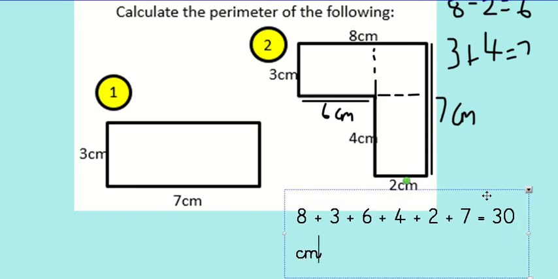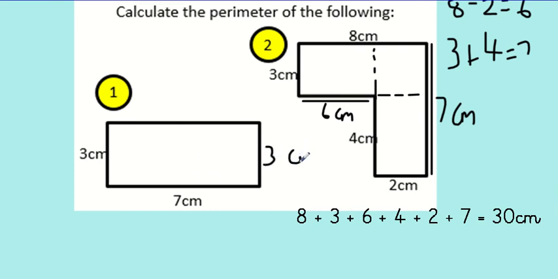Now, actually, we started off with the harder shape first there, because to work out the perimeter of our next shape, all we need to do is work out the length of the missing sides. But we know that in a rectangle, the opposite side is the same length. So if this one's 3 centimetres, this one's going to be 3 centimetres.